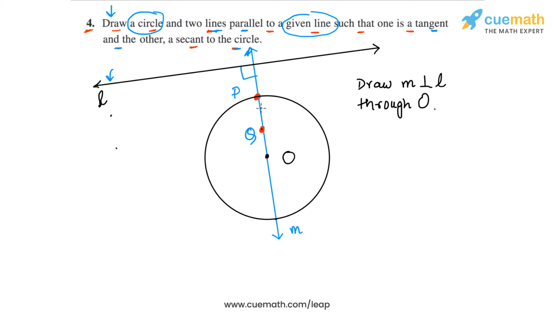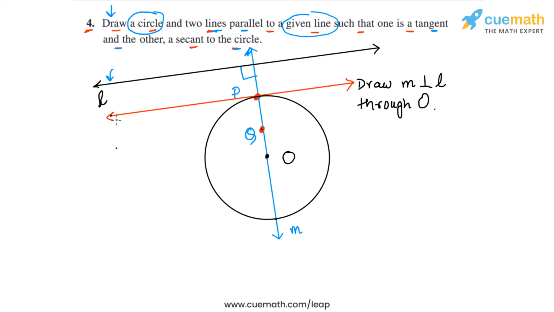Now just draw a line perpendicular to M through P and a line perpendicular to M through Q. The first line will become a tangent and the second line will become a secant. So let me show you. At P, you draw a line perpendicular to M. You will get a line like this.